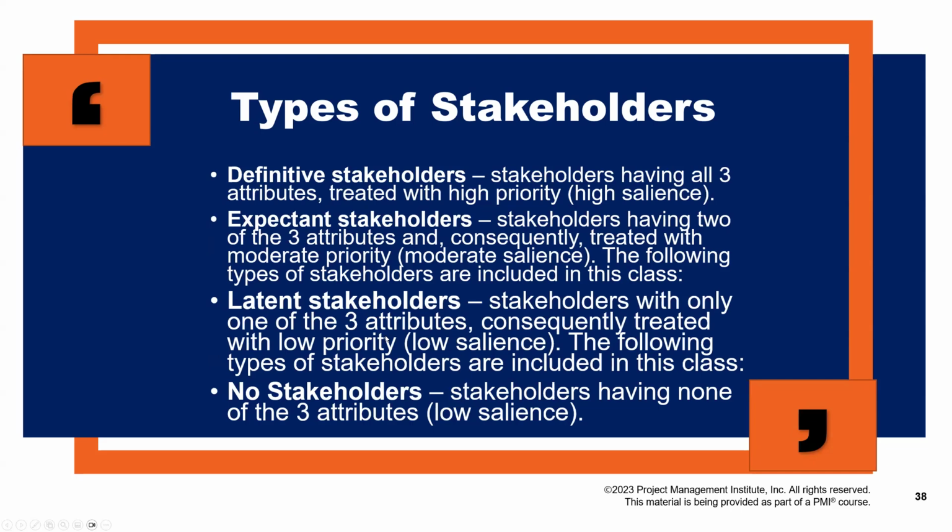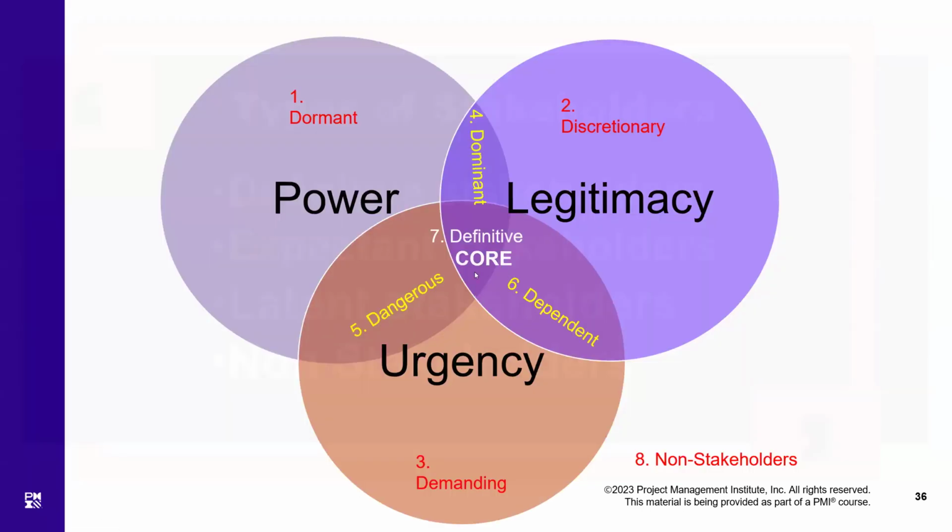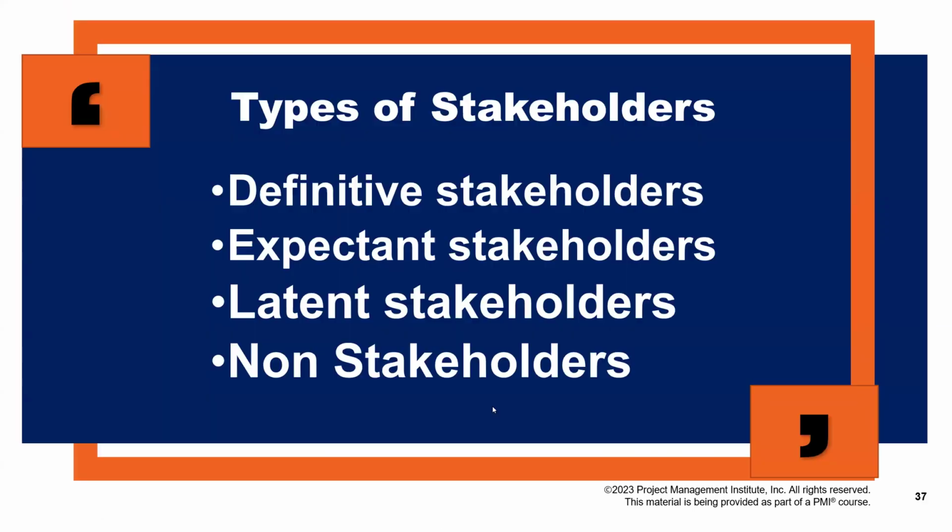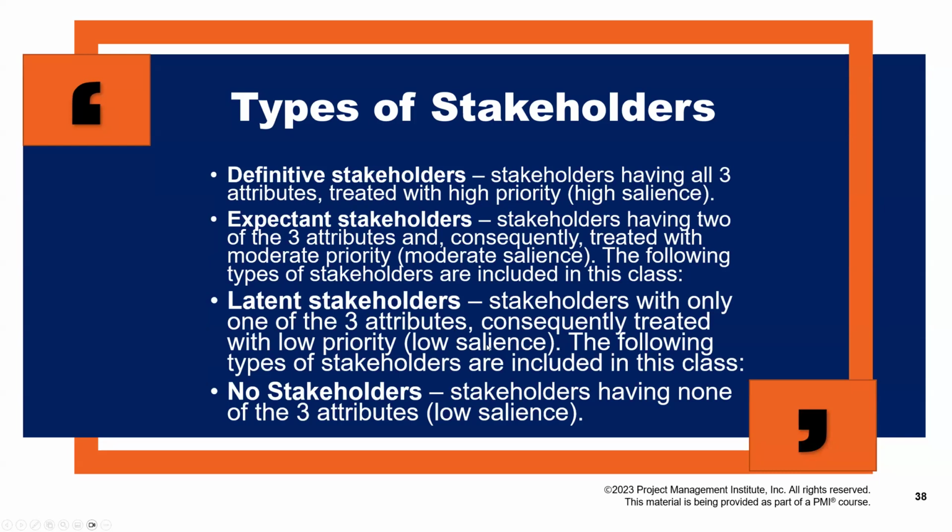Then we have latent stakeholders. They are high in only one area, and they have low salience. They are 1, 2, and 3: dormant, discretionary, and demanding. These three stakeholders are collectively called latent stakeholders.